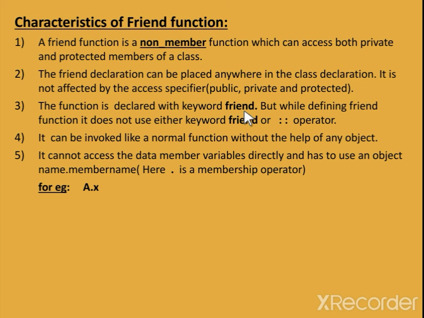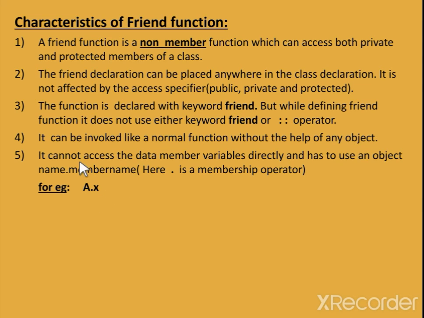But while defining a friend function, it does not use either the keyword friend or a scope resolution operator. It can be called like a normal function without the help of any object.